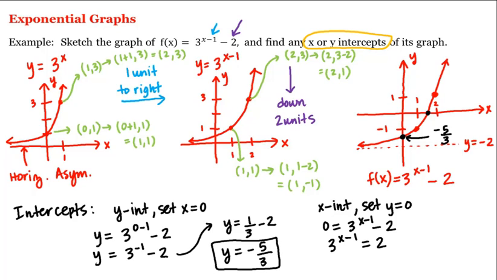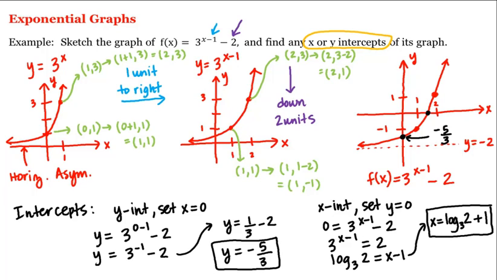And now writing this in the equivalent logarithmic form gives us that log base 3 of 2 is equal to x minus 1. And now adding 1 to both sides gives us that x is equal to log base 3 of 2 plus 1, which would be our x-intercept. That is, the x-coordinate of this point here is log base 3 of 2 plus 1.